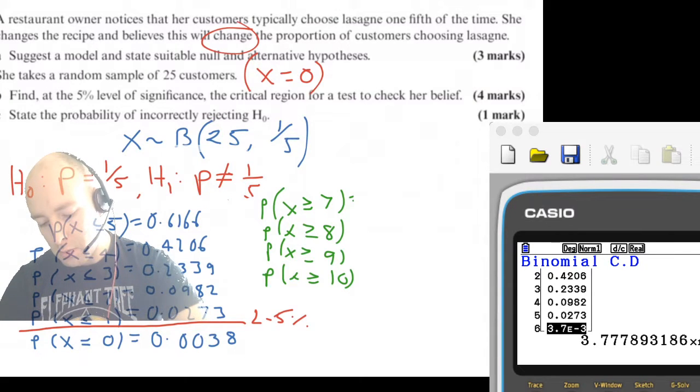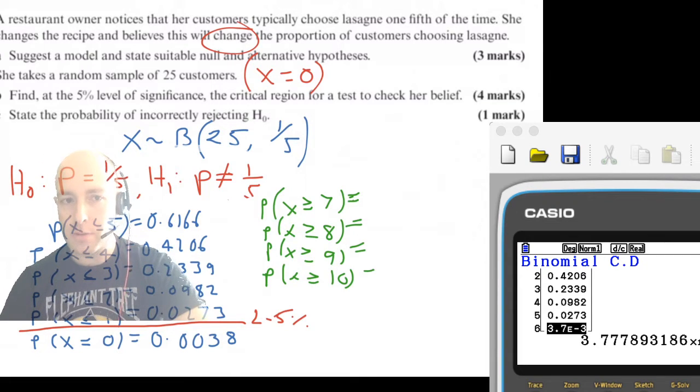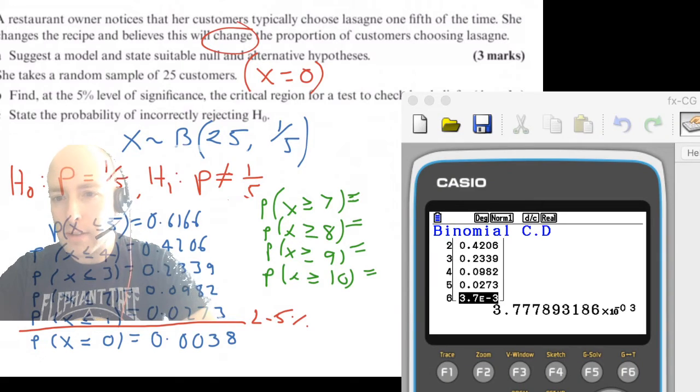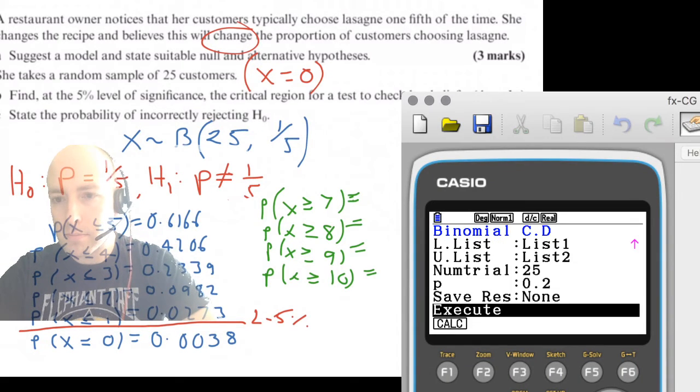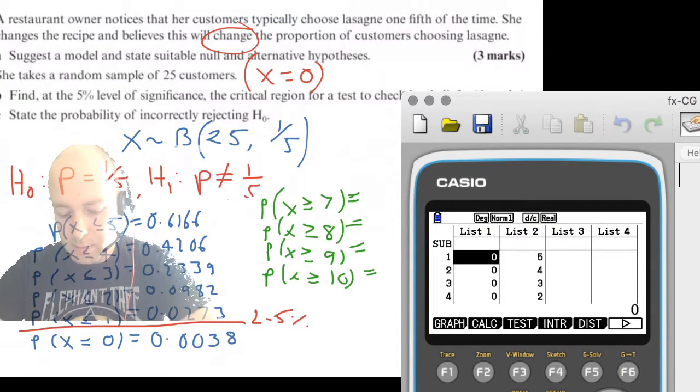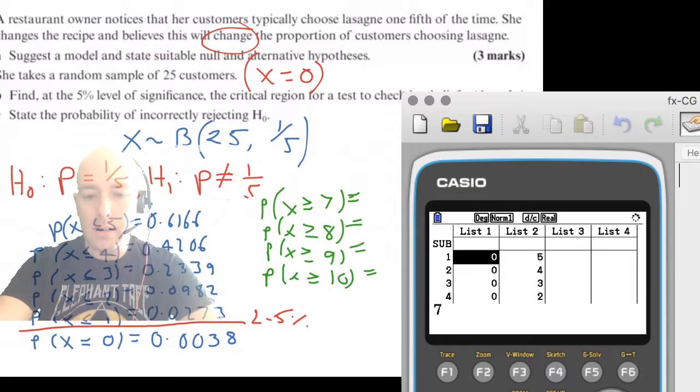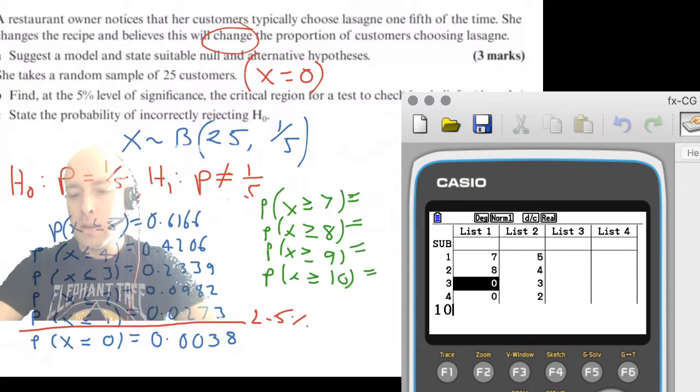Right, so we're going to need to change our upper and lowers. These are now going to be the lower values. The upper values are now going to be 25. So if we go back to the calculator, back to the list, we're going to have 7, 8, 9, and 10. Get rid of the rest.